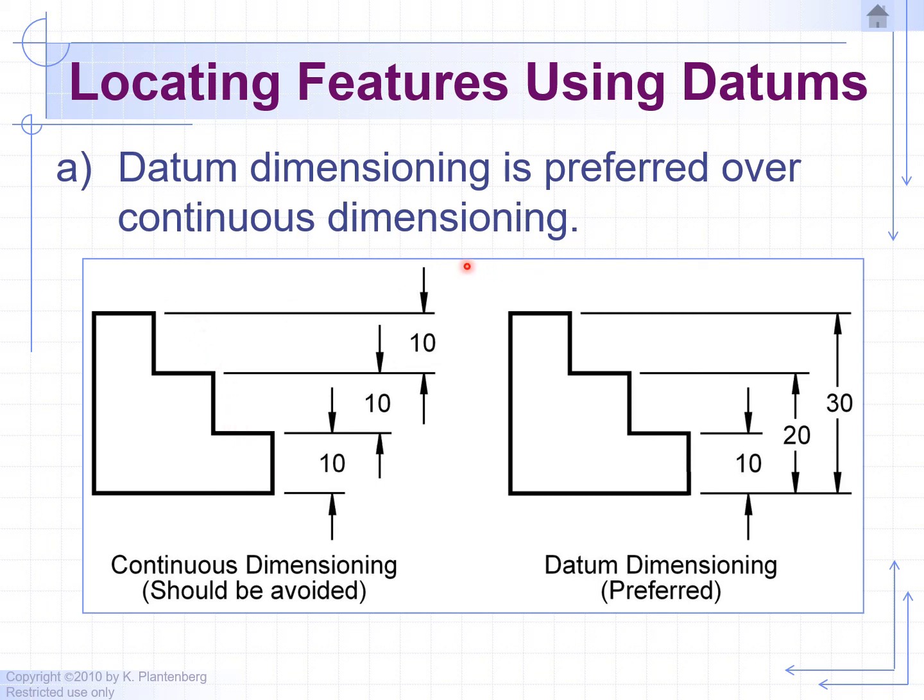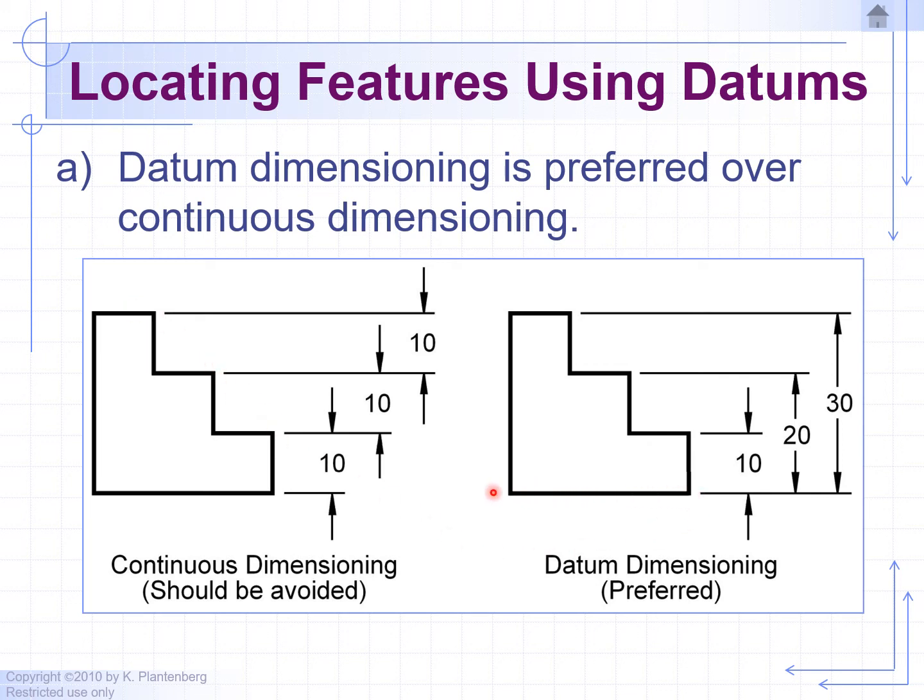This is referred to as continuous dimension, and this should be avoided. The problem with continuous dimension is if the first step is slightly off, then that error is going to carry on to the next one. And if that one's slightly off, then the error of the first two steps will carry on to the next one. It's better to dimension from a datum.